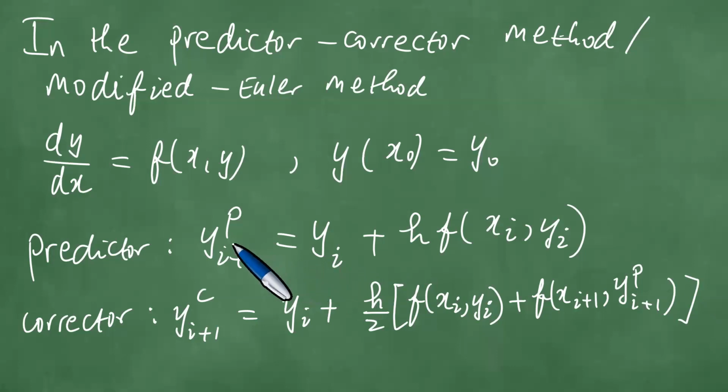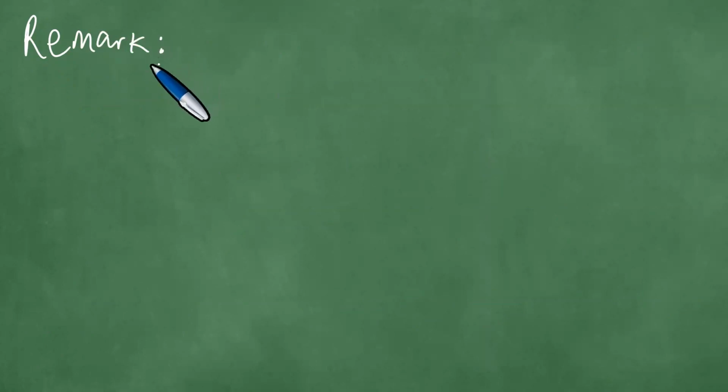So after we get the predictor, we plug it in there and get the arithmetic average. Okay, now let us look at these in detail, but there is a remark I want to give.